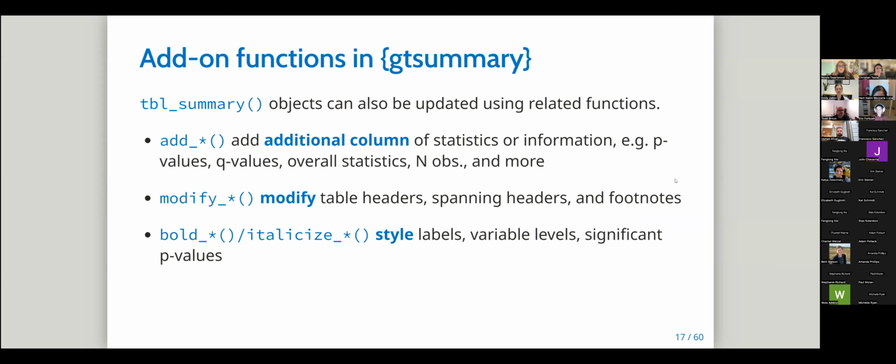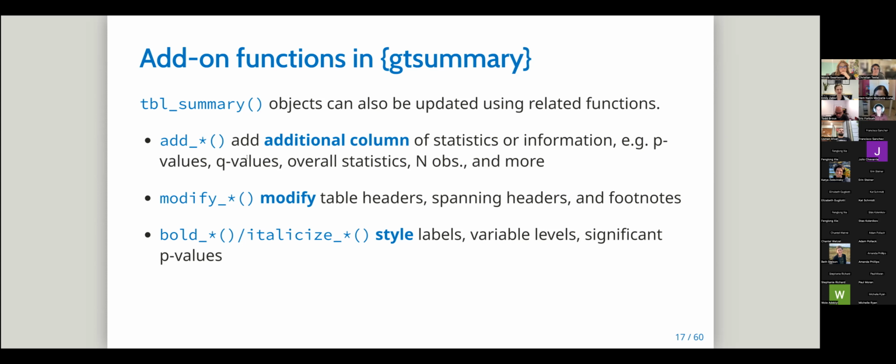Okay, so that was the basics of tbl_summary and quite a few of the arguments that you can use to customize its output. And there are also a lot of add-on functions for it that can update the table with additional information. And these come in kind of 3 main classes. The first is functions that start with add underscore, and these will add an additional column of statistics or information, for example, p-values, overall statistics, and other things.